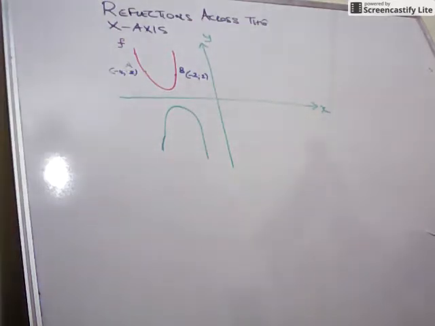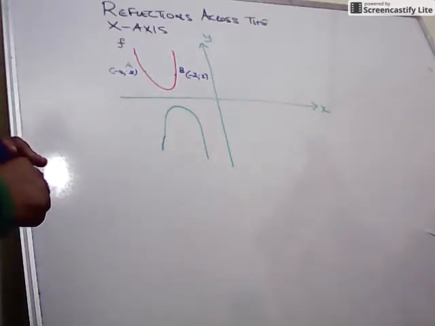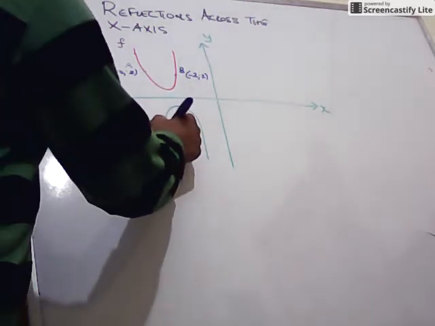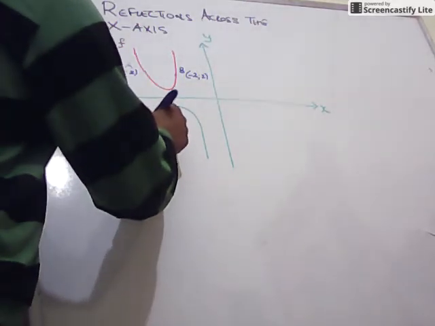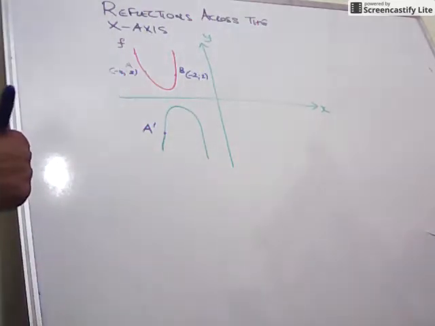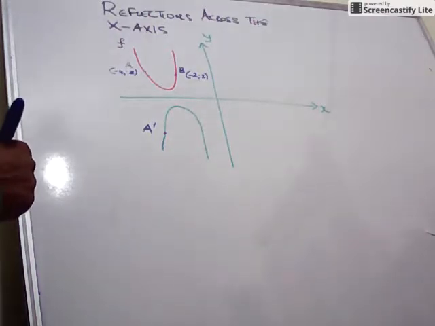So let's look at corresponding coordinates on my reflection. These I'm going to call A prime and B prime. Let's look at A prime first. So A prime should be a reflection of point A across my x-axis.